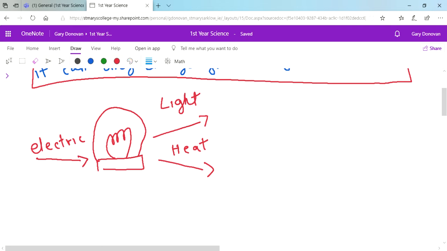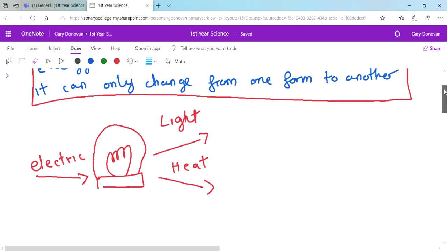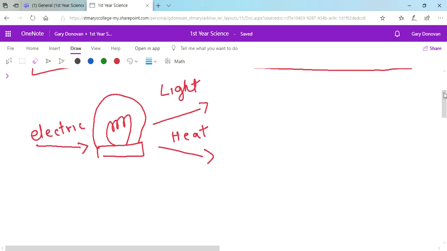What the law of conservation of energy says is that energy cannot be destroyed. So that energy can only change from one form to another. You can't get rid of it. Let's say we put in 100 units of electrical energy. The units for energy are called joules, so we can write 100 J, and J stands for joules.